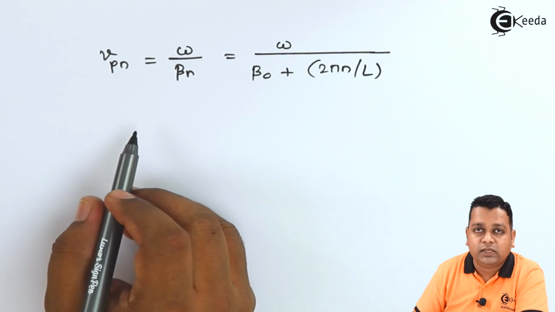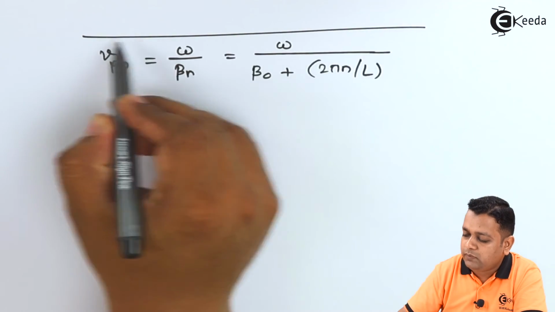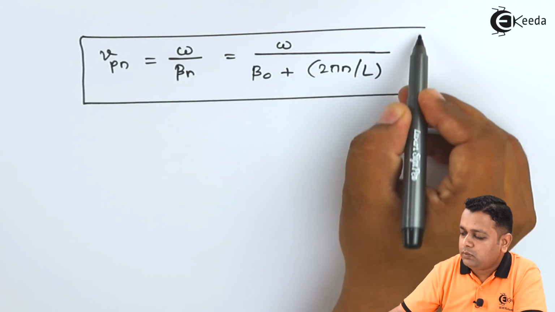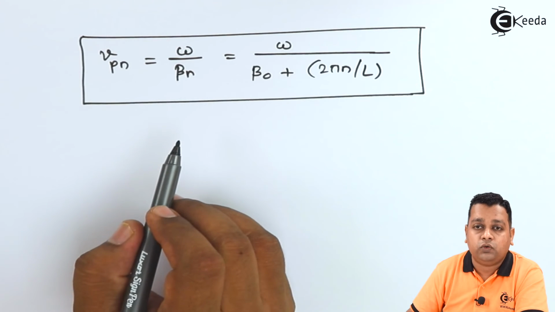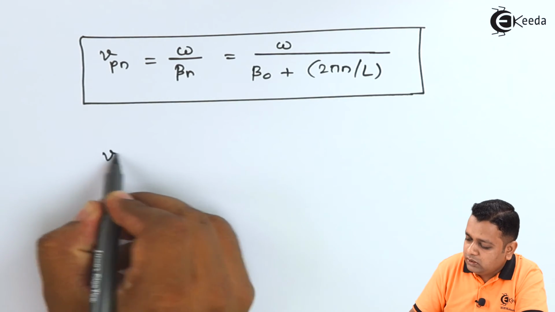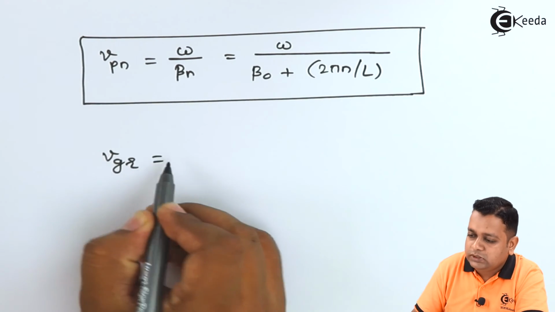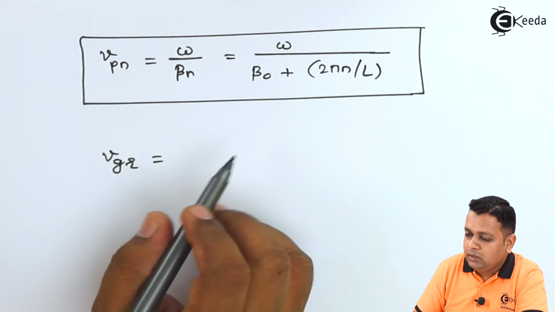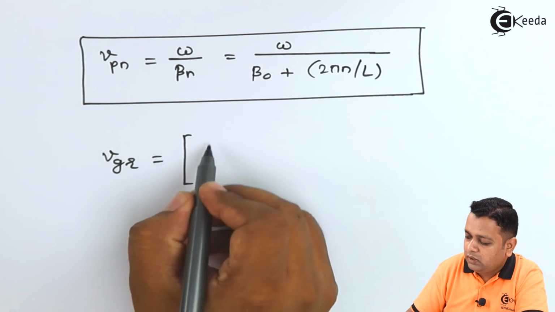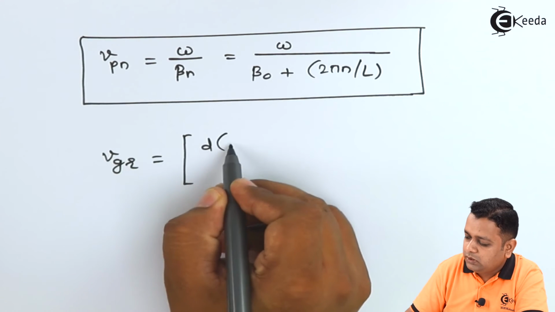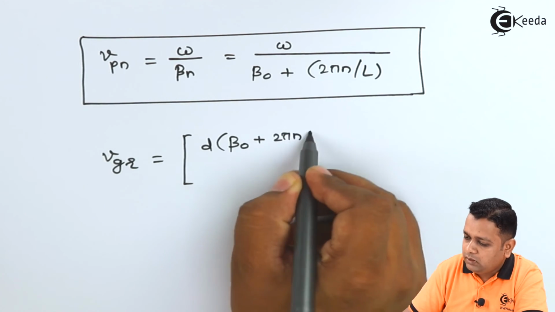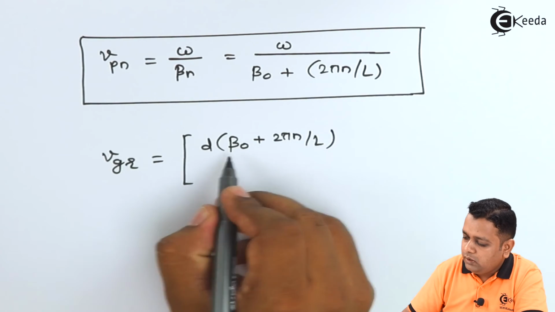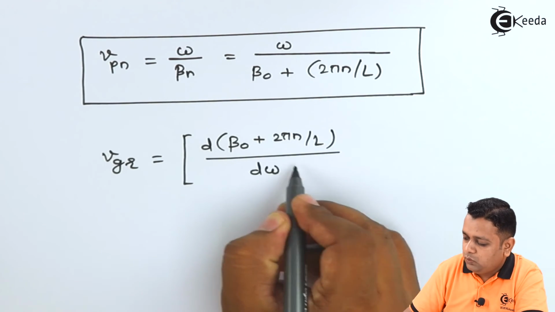And also, as we have the phase velocity for nth modes that I outlined here, we can also represent the group velocity. The group velocity can be represented v suffix gr, and it can be given as d of beta 0 plus 2 pi n divided by L divided by d omega.